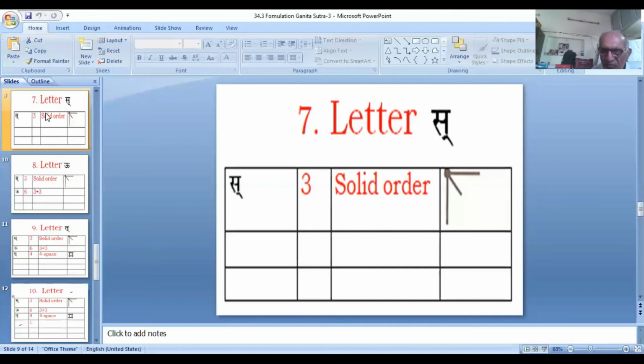The letter Sa, as Ushmana letter of TC value 3, is in the role of a solid order. The transcendence of creative origin from 3-space domain and being in the role of creative dimensional order takes us to the transcendental domain of a solid order.